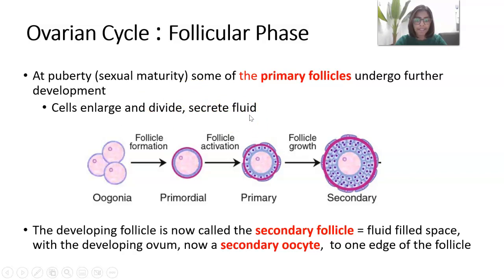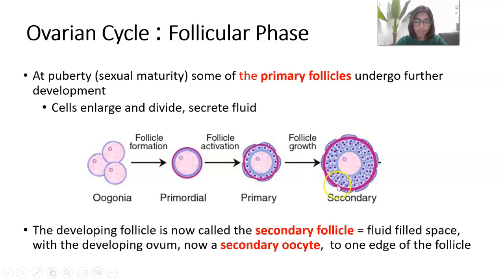And this is what makes that follicle appear bigger. So our oogonia will undergo mitosis and then partial meiosis. The follicles will start to grow in number surrounding the oocyte, and as the number of follicles grow in number, they start to secrete follicular fluid.